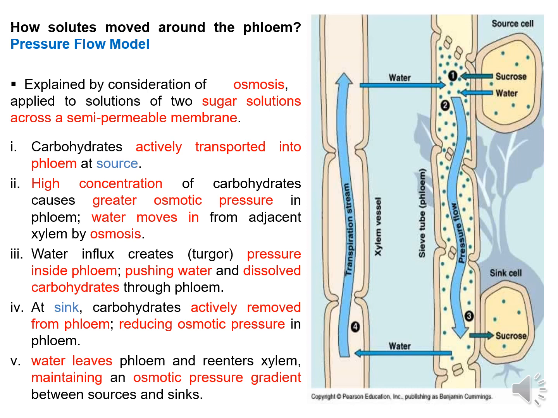This is because the high concentration of carbohydrate in the phloem vessel will invite the water to move in following the concentration gradient.